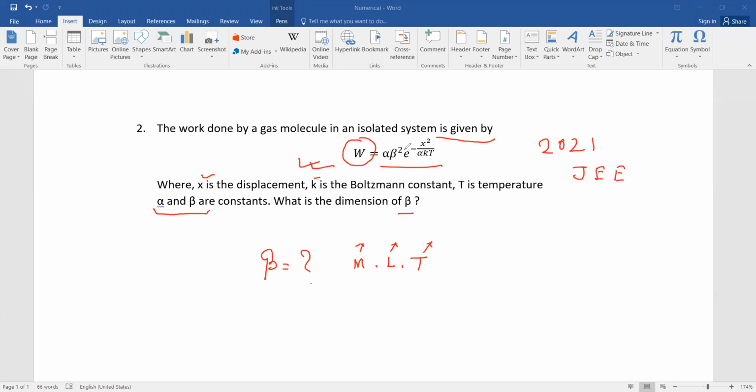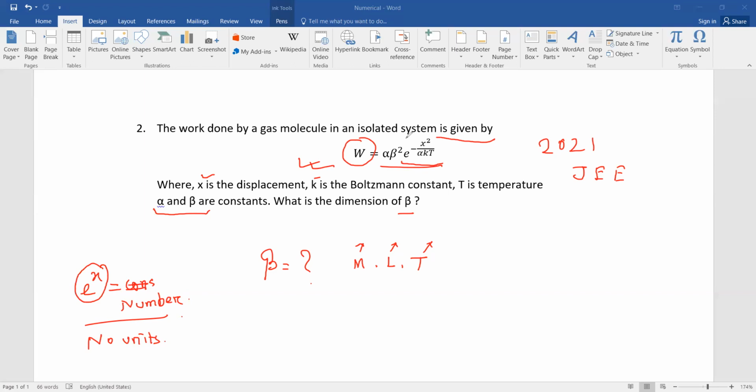So e to the power this term, e to the power minus x square by alpha kT. E to the power something is not a constant, it's a number. Exponential to the power something does not have any unit, it has got no units, so it's a number.